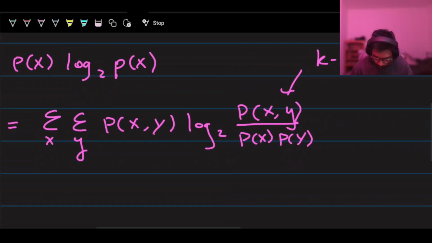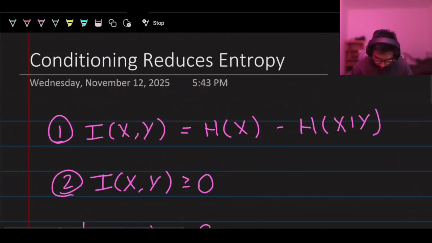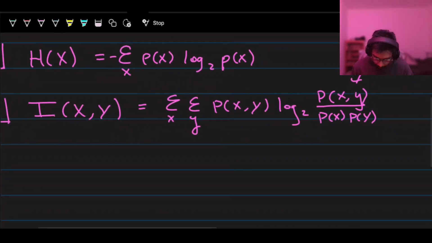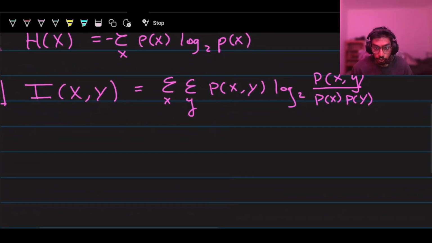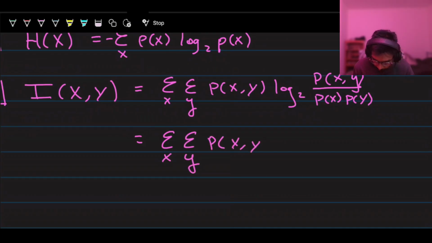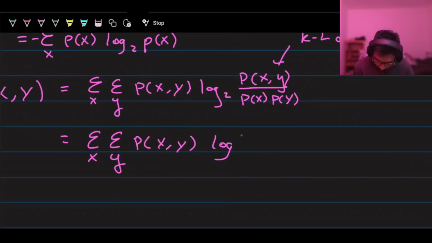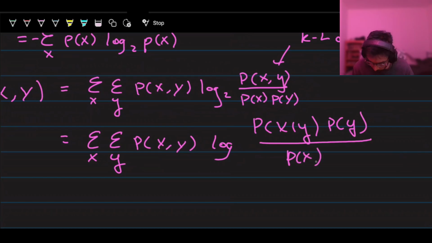And so, simplifying this, we want to connect how mutual information relates to the entropy or the conditional entropy of random variables. Using the law of conditional probability, we can show that this is p of xy times the log of p of x given y times p of y times p of x over p of y.